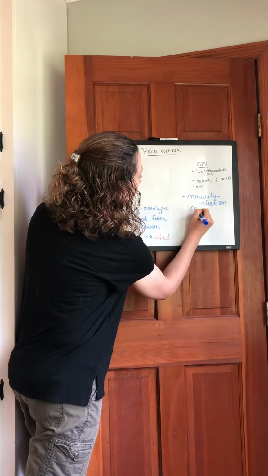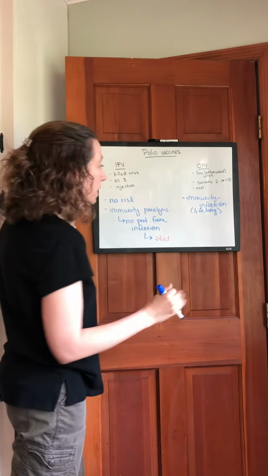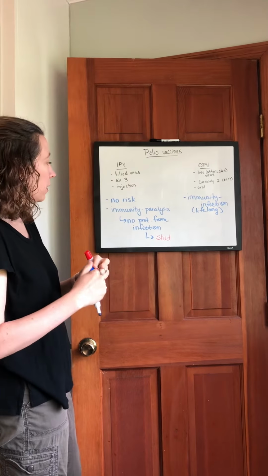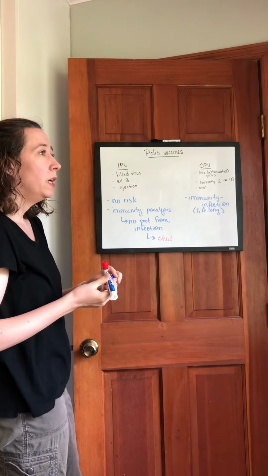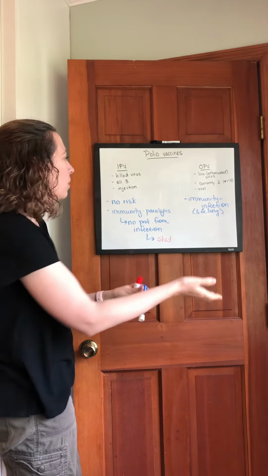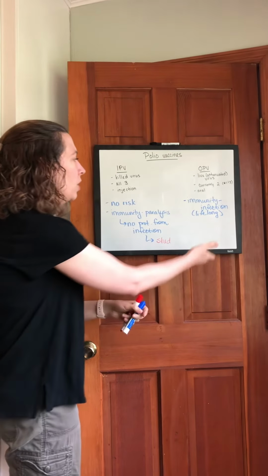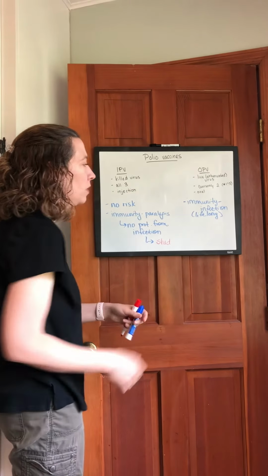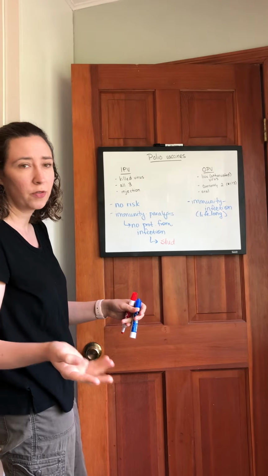The other benefit is that immunity is lifelong, whereas immunity with the inactivated form is shorter. So you get better immunity with the oral polio vaccine: lifelong immunity, and immunity against infection, which therefore also gives you immunity against the paralytic form.